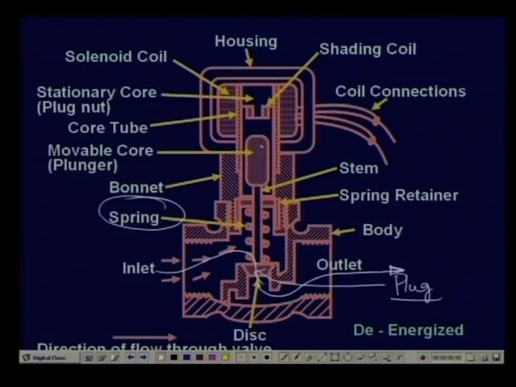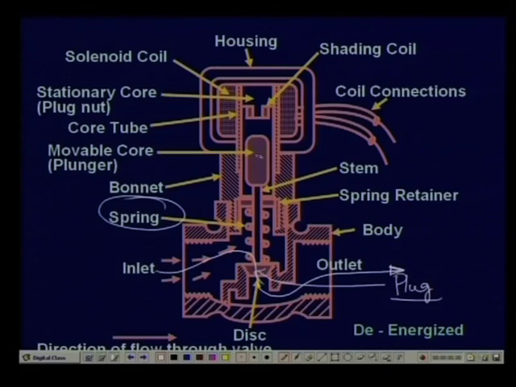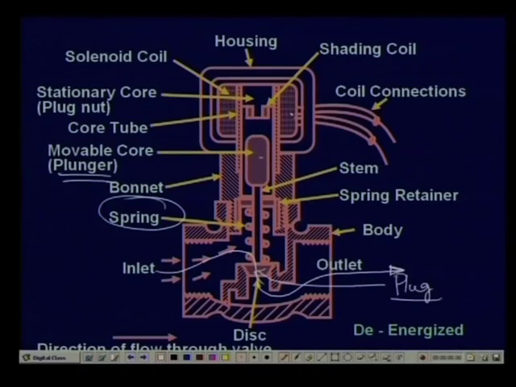Here the stem is actually connected to a magnetic core which is called the plunger, and here you have a high current carrying, high force creating coil. This is the coil assembly, the solenoid coil housing.